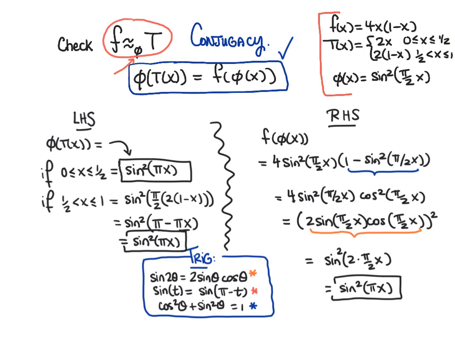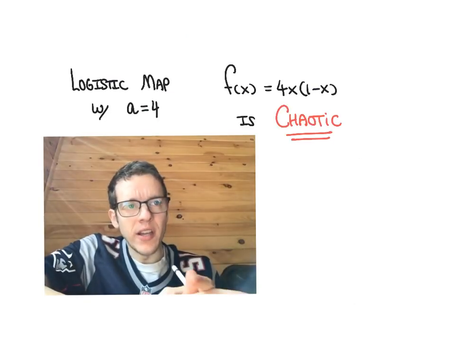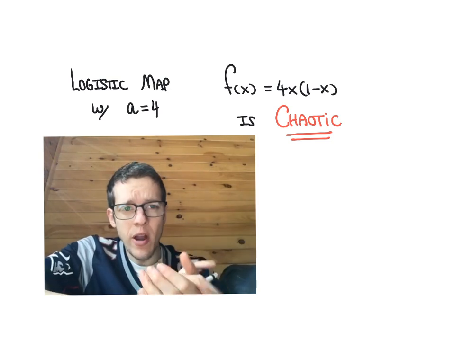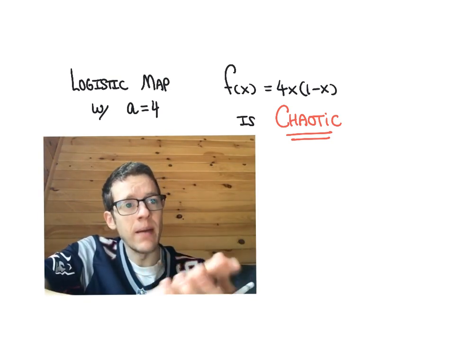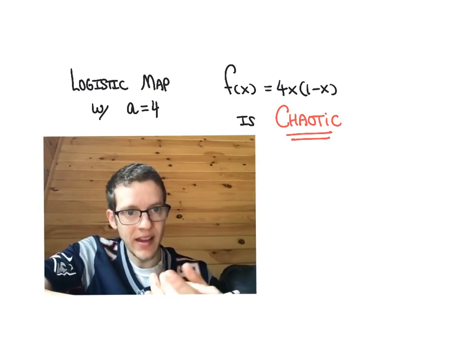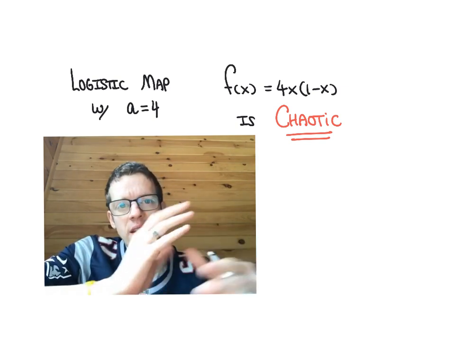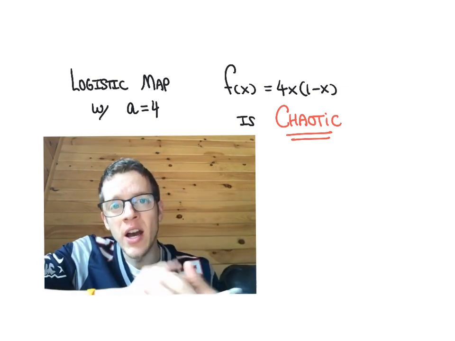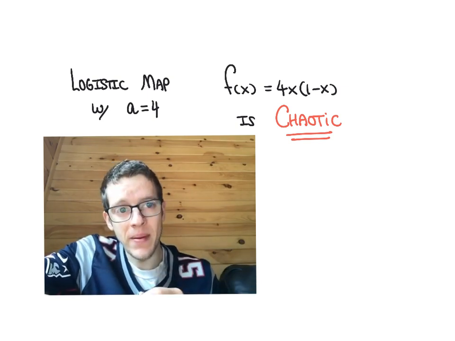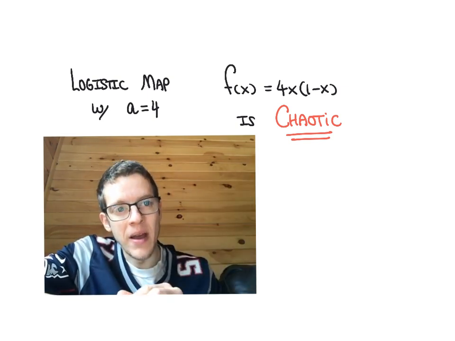So this shows us that the logistic map is chaotic. And that's a really cool result, guys. With the parameter equal to 4, our logistic map is chaotic. We talked about that in the last video, but now we have finally shown via a homeomorphism and a conjugacy with the tent map that this map is chaotic.